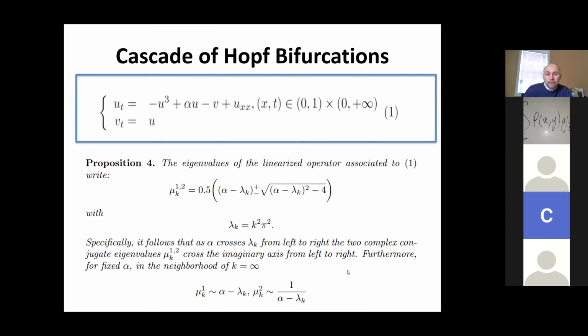All right, and you can see that as lambda k is going to infinity, my mu 2k is going to 0. Okay, so I talked about that in the introduction. This brings some technical difficulties.